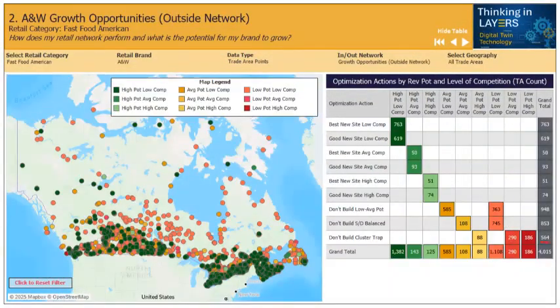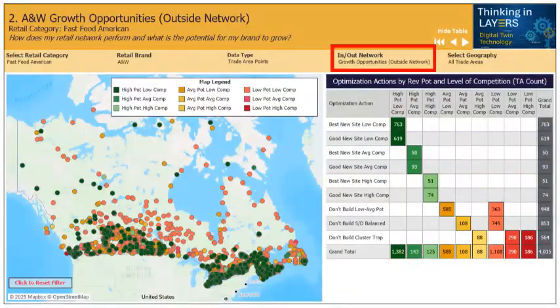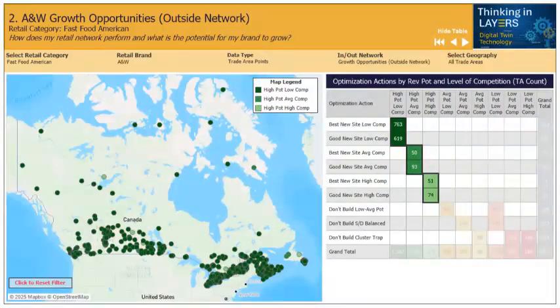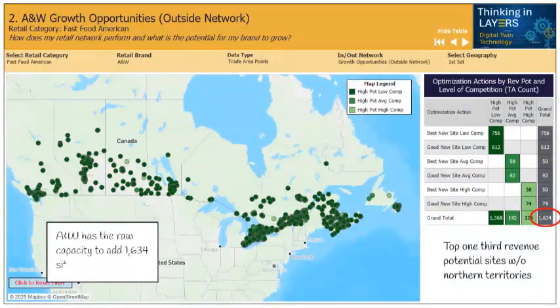Let's flip the analysis and look at the 4,015 trade areas outside the A&W network. Note that the optimization actions now relate to site selection. Let's choose the top one-third revenue potential locations and then remove the sites in the north for a total of 1,634 possible new sites. This represents the raw capacity of the A&W brand to grow in Canada.